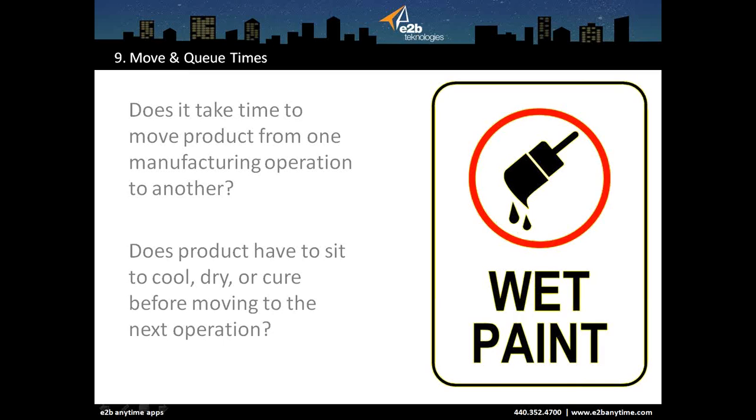Maybe it's only an hour of time on the drying or the curing, or maybe it's only 20, 30 minutes on the move from one operation to another. But that will add up, and it does decrease efficiencies. So if your system supports move and queue times between operations, I would encourage you to go and identify what those would be for particular routings of those material and to set them up.